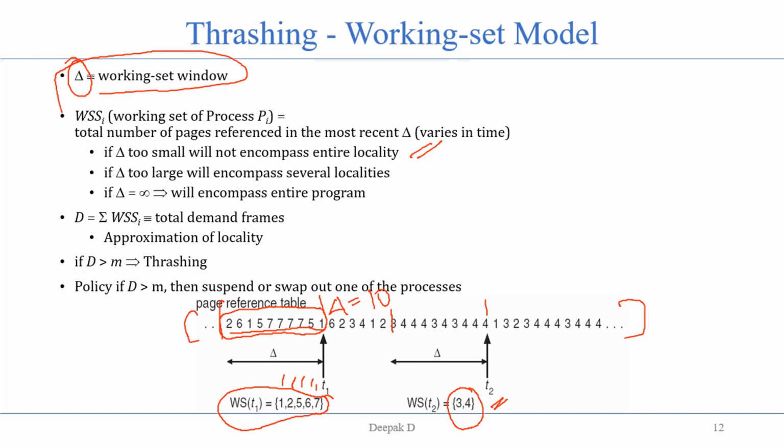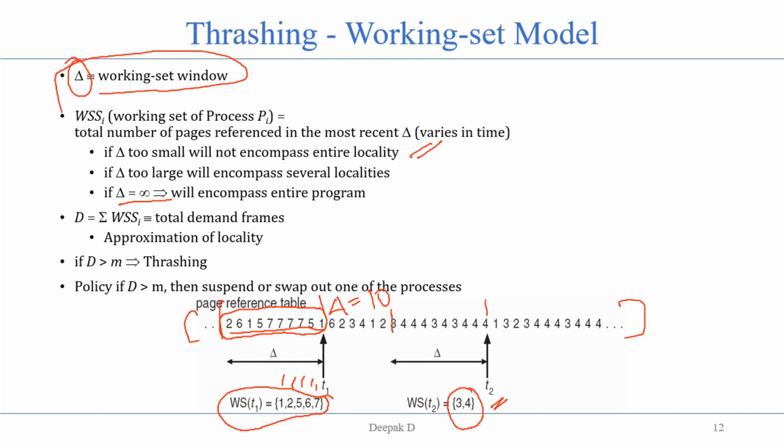That causes page faults, and it increases page faults. If the page faults increase, you know that thrashing will also come into the picture. If this working set window is too large, it may overlap many localities. If this window is infinite, it can accommodate the entire program in the working set.